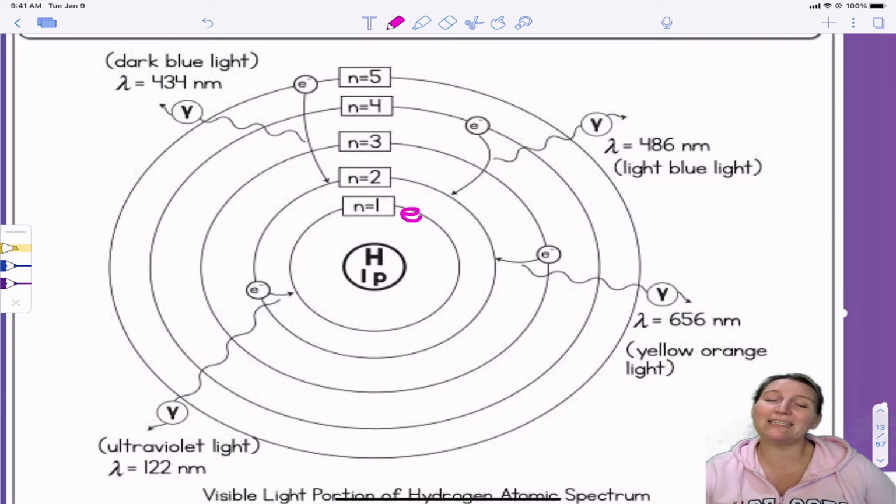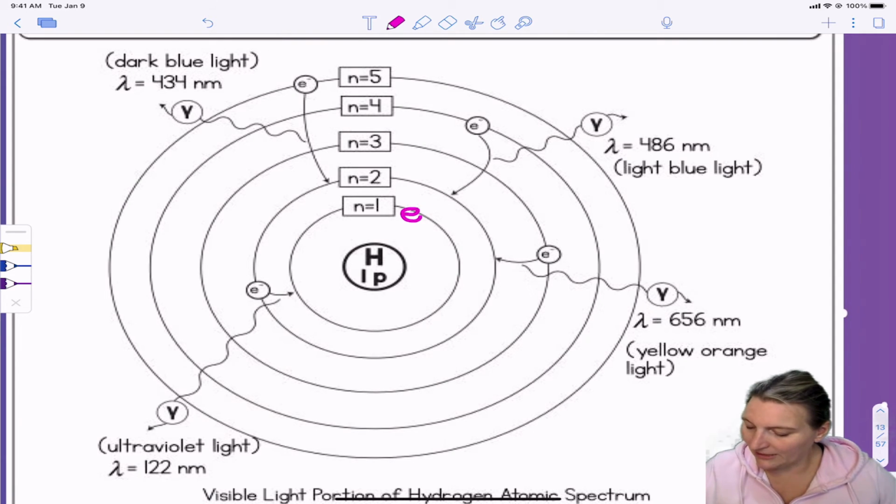And if they fall back down to the third energy level, they would give off just a little bit of energy, and that would be in the infrared range, and we don't see that either. What do we see? We see that visible spectrum, and that's when electrons fall back down to the second energy level.